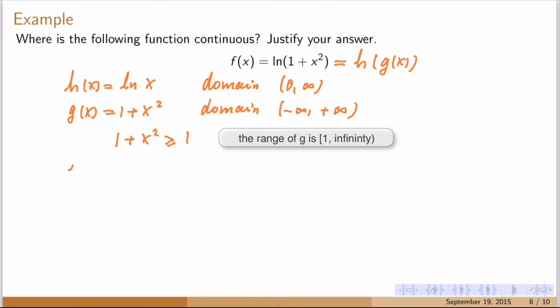So then f of x is defined for all numbers, so it is continuous for all numbers. So you see, although the logarithm is involved, and the logarithm is only defined for positive values, since we insert another function g, and this other function g is always larger or equal to 1, we have no problem. So the domain of the combined function is indeed minus to plus infinity.